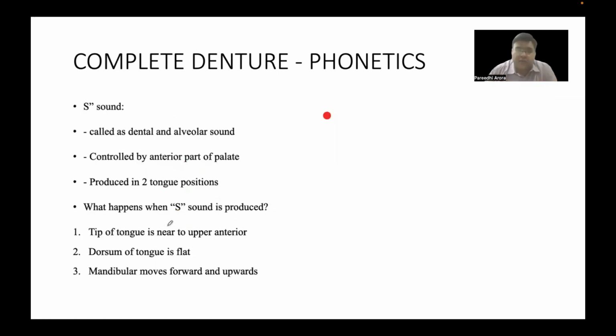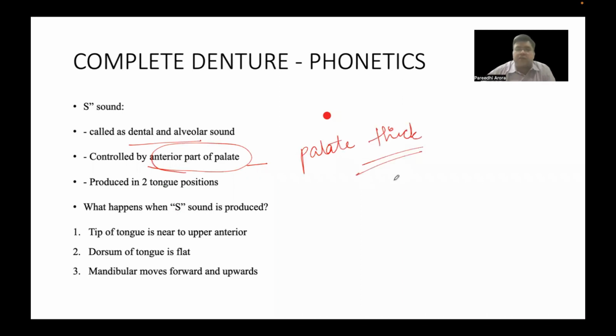The S sound, which I was talking to you about, is a dentoalveolar sound controlled by the anterior part of palate. That is why if the palate is thick, there is a problem in speaking the S sound. Now, what happens when this S sound is produced?